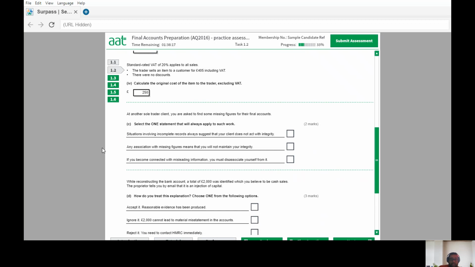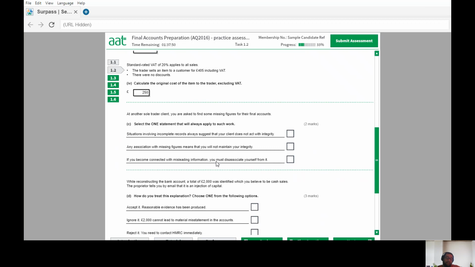Next one: any association with missing figures means that you will not maintain your integrity. Because of the words "any association", that's also not right, because as far as I know, that doesn't seem right at all. Now, I don't think so. If you become connected with misleading information, you must dissociate yourself from it.